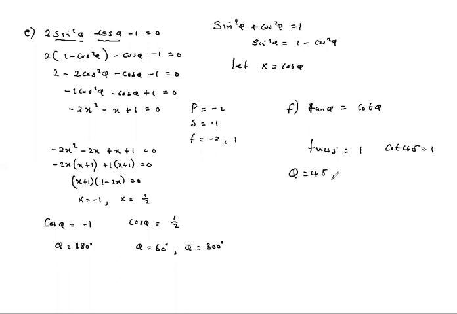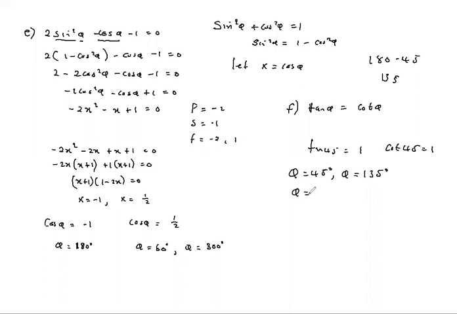Now, because they are equal in all the quadrants in terms of the sign, when you go in the second quadrant, what is 45? You say 180 minus 45. You get 135. So I have that.